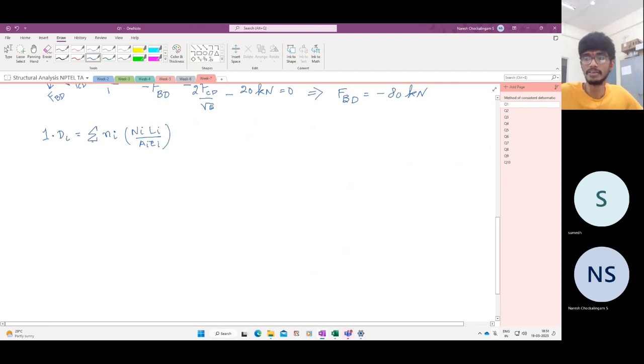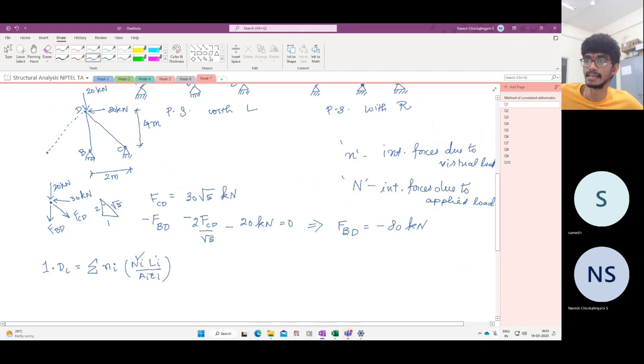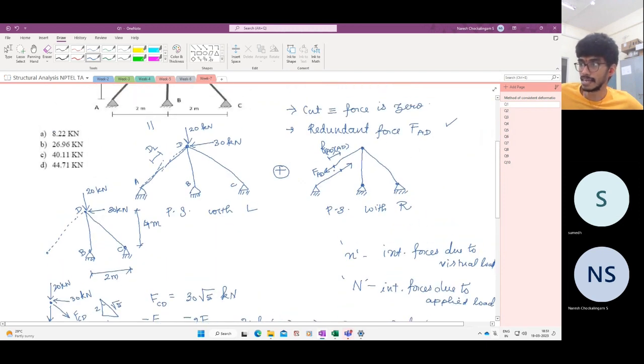Now we have determined capital N, which is NBD and NCD, so that is obtained. Next thing is to obtain the virtual forces, small n. But note that applying FAD can be thought of as applying a unit load and then multiplying all the resulting displacements by capital FAD.